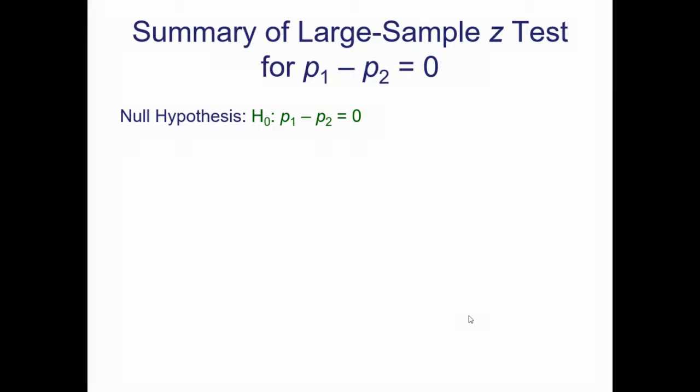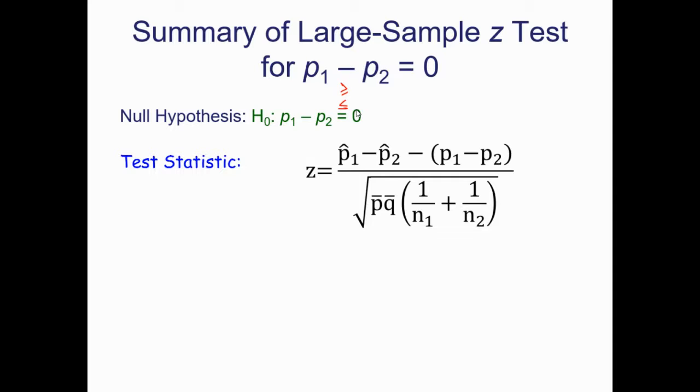So let's talk about our hypotheses. The null hypothesis is that the difference in the proportions is 0. Or if you're dual credit, greater than or equal to or less than or equal to. The test statistic is this lovely thing.